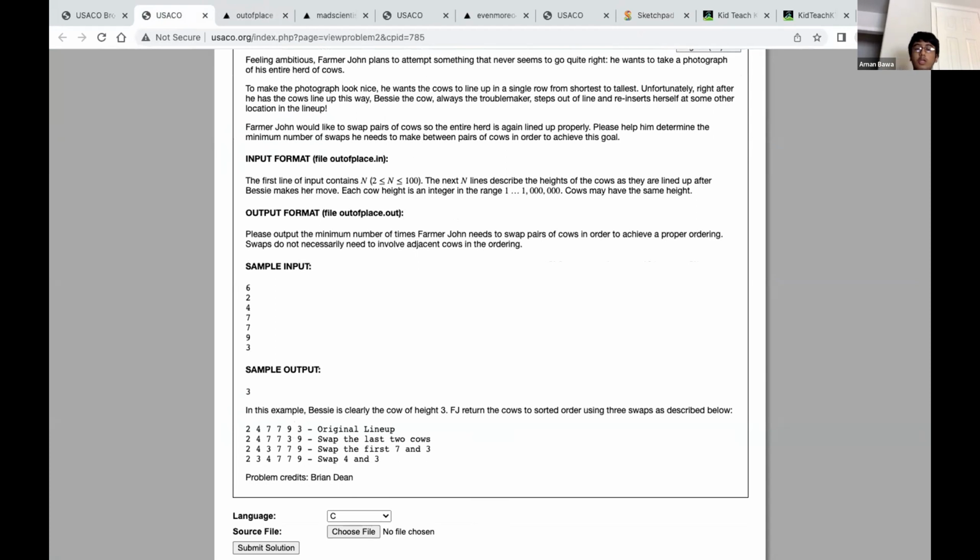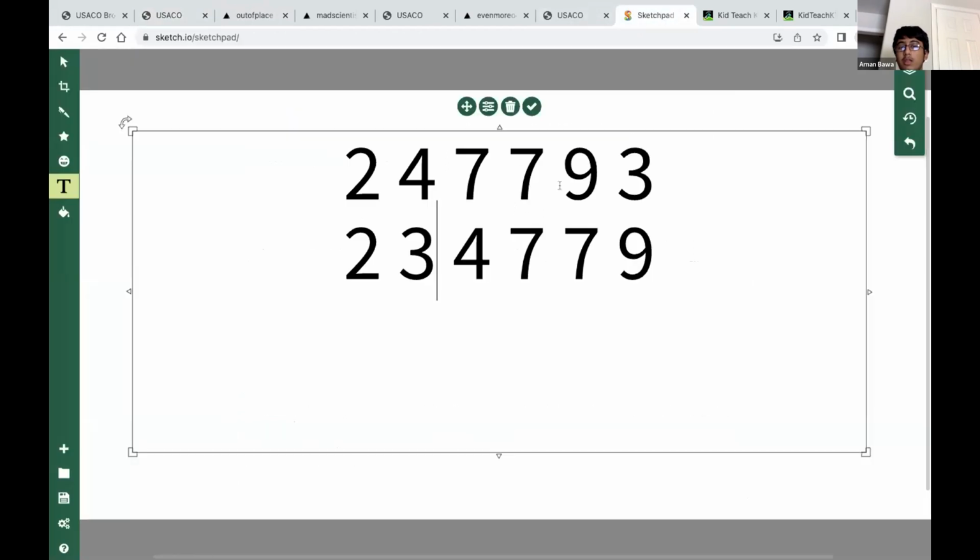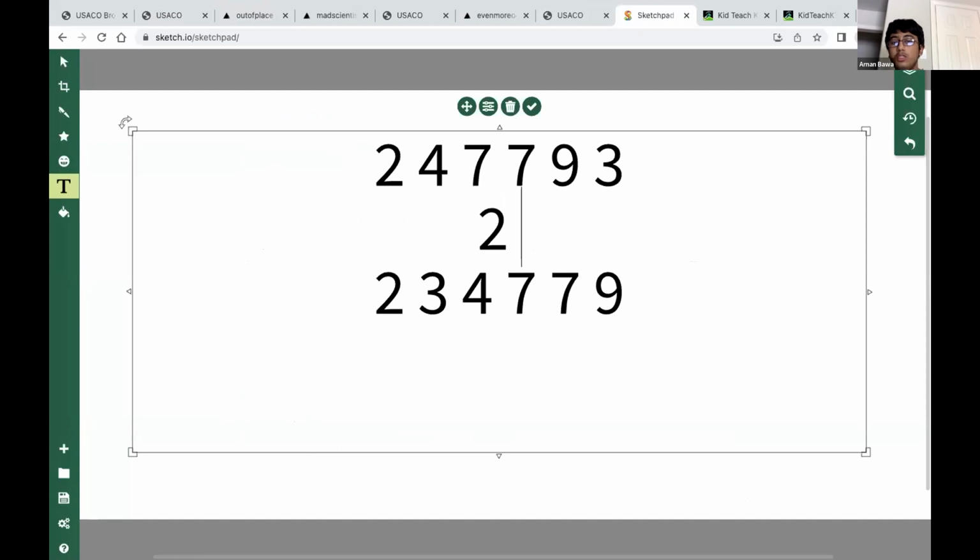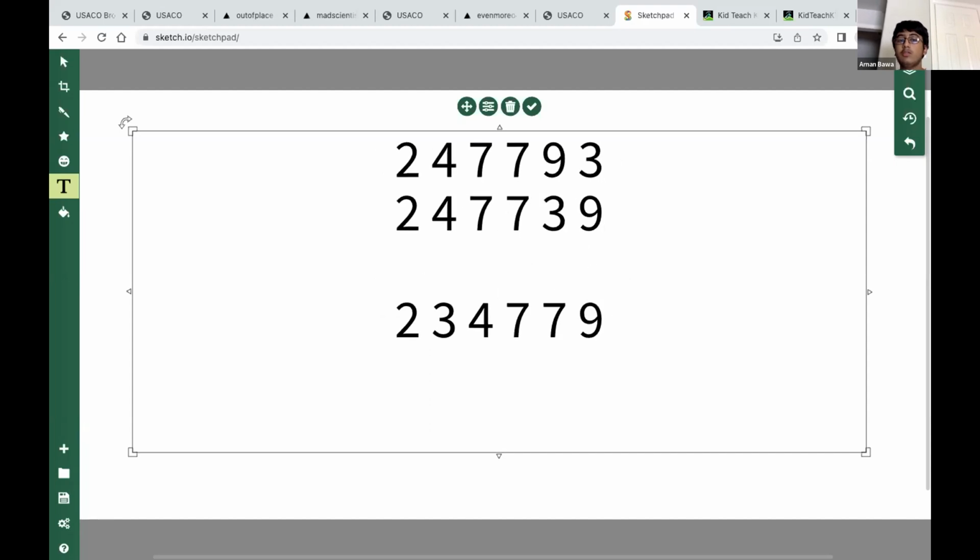Okay, so here's another thing. The other thing we overlooked was that if we had two numbers that were the same, then instead of swapping them one by one, like if we swapped 9 and 3 already, so we had 2, 7, 7, 2, 4, 7, 7, 3, 9, and then instead of swapping this first 7 and the 3, we can just swap the second 7 and the 3.